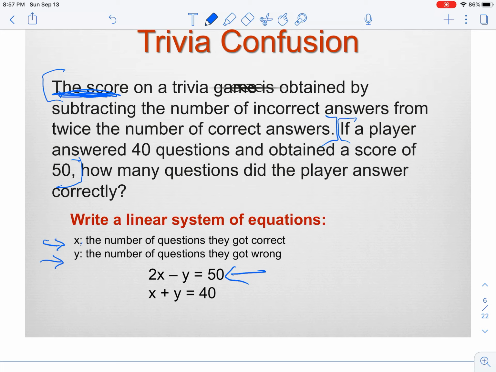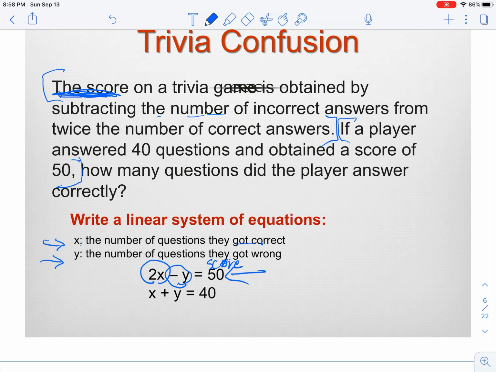I look back up here and it says the score is found by subtracting the number of incorrect from 2 times the number of correct answers. That's where we get 2x, which is 2 times the number correct. You subtract from that the number of incorrect answers, and that is going to be our score.